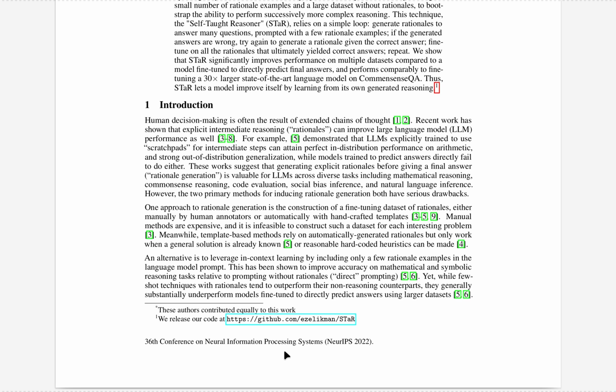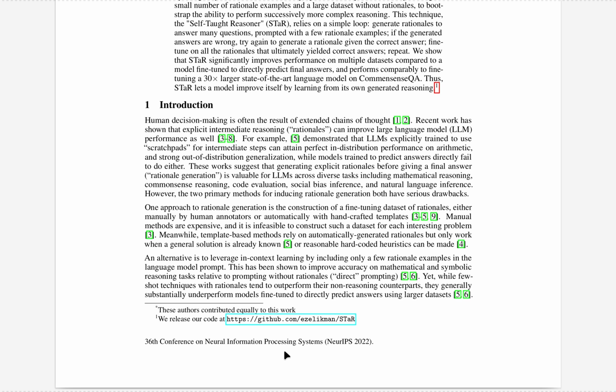These works suggest that generating explicit rationales before giving a final answer, rationale generation, is valuable for LLMs across diverse tasks, including mathematical reasoning, common sense reasoning, code evaluation, social bias inference, and natural language inference. However, the two primary methods for inducing rationale generation both have serious drawbacks.